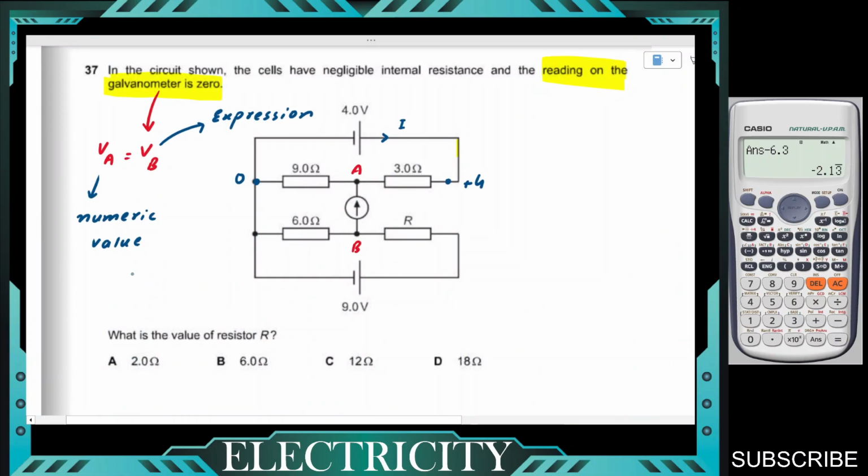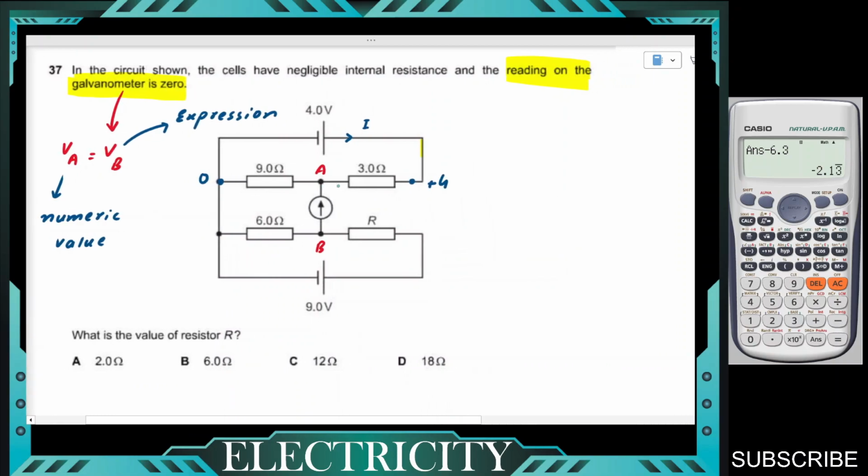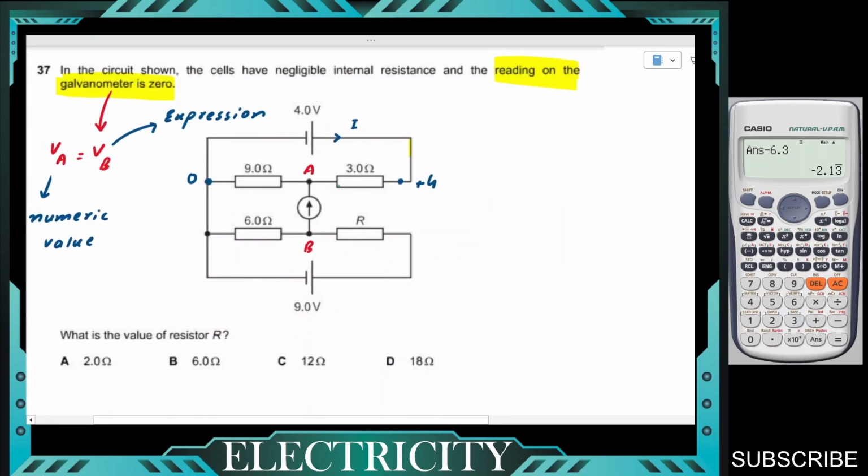But for the lower one, the orientation of the battery is changed. So in this one, first of all, just write down a pointer. I know it would be a hot potato for you, but we have to just note it down first. In this case, because the battery is reversed, the potential at A equals the potential difference across, not the resistance on the right side now, rather the resistance on the left side.